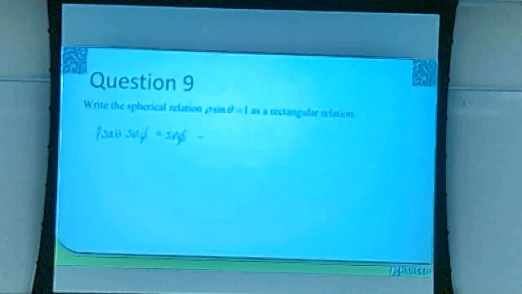Now, what's rho sine theta sine phi in rectangular? So y. Just y.